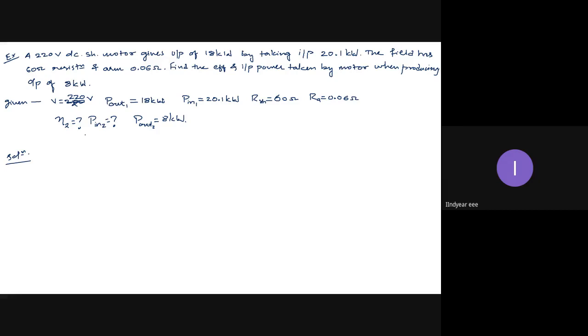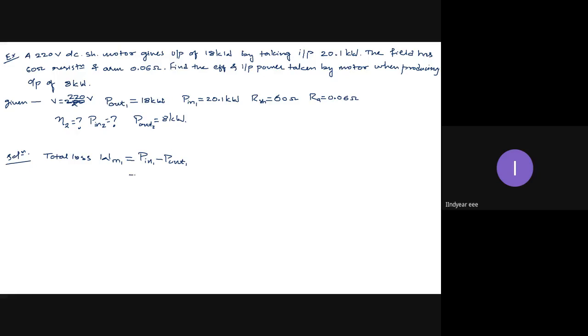When I know input and output, I can get the losses. Therefore, total losses WM1 is equal to P in 1 minus P out 1.